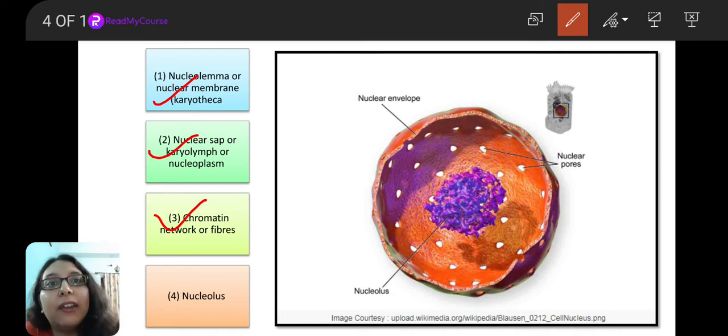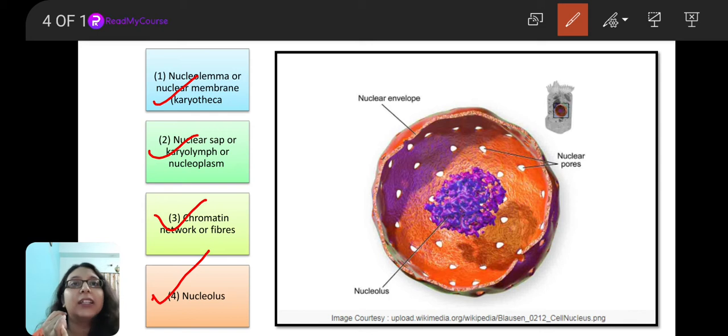And then we have the central part, that is the nucleolus. So the 4 parts of a nucleus are the envelope, the nucleoplasm that is the matrix, the nucleolus, and the chromatin fibers or the chromosomes. These are the 4 basic structures we will notice inside a nucleus, right?